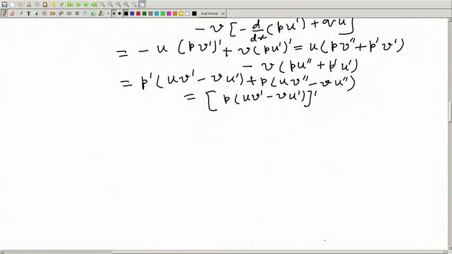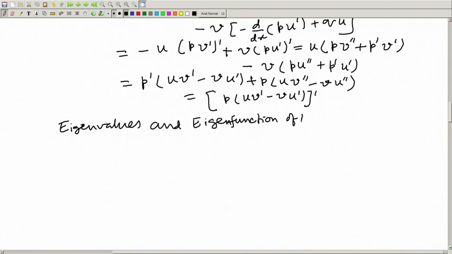Now, before we leave this part, I just introduce what are called the eigenvalues and eigenfunctions of this Sturm-Liouville problem.